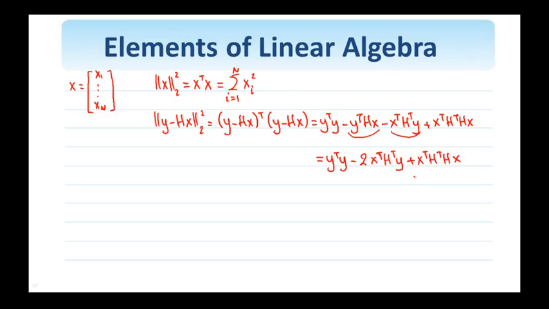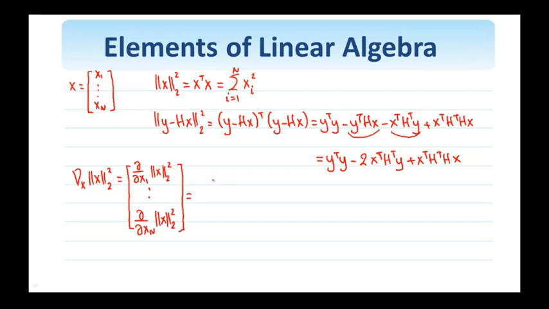We'll also need the notion of the gradient of a functional of a norm. This is by definition a vector, an n-dimensional vector that has the partial with respect to x1 of the norm squared all the way to the partial with respect to xn of the norm squared.